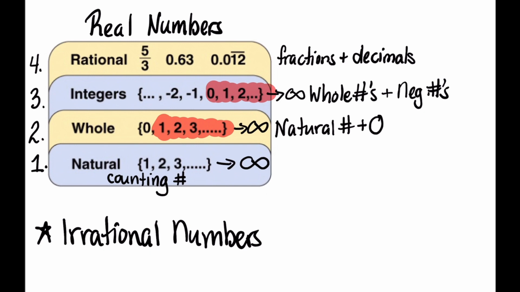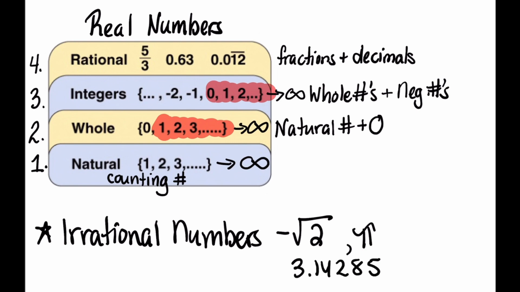We've been doing things like square root 2 or negative square root 2, or how about pi? These are real numbers as well that we sometimes work with. Or if we have a decimal that just never ends, it just goes on and is non-repeating. So if I had like 3.142895596 and it just went on and on and on, that happens too in math.